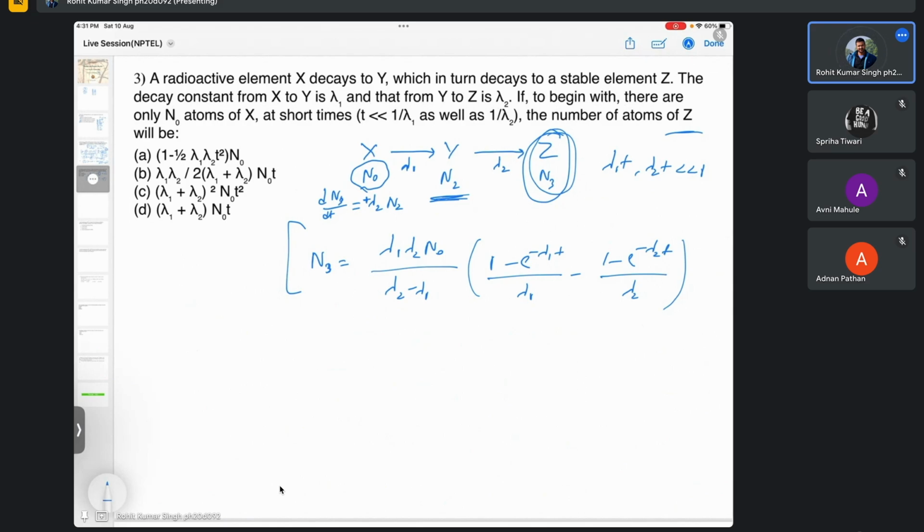So, again we can simplify this expression using these conditions, so let's try to do that. From the options you see that we have two options with t square terms and two options with only t terms, of order 1, I mean 2 to the power 1.